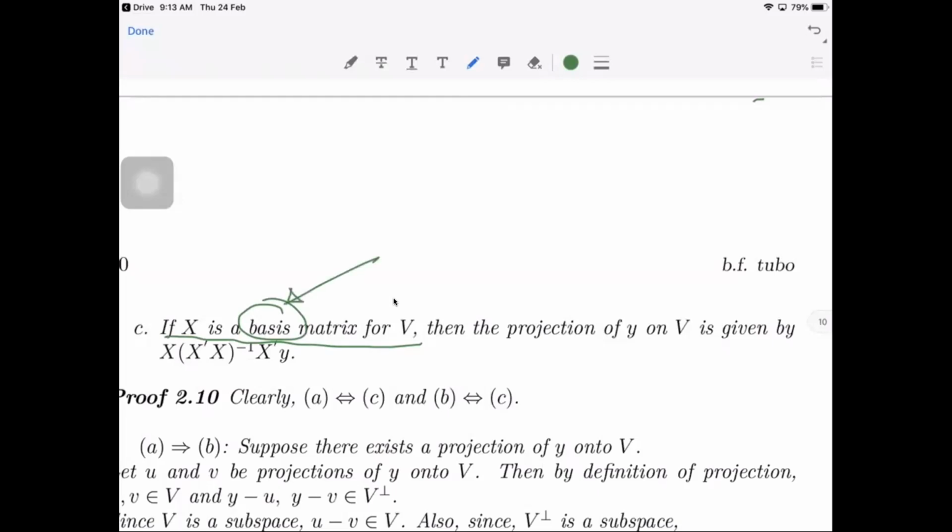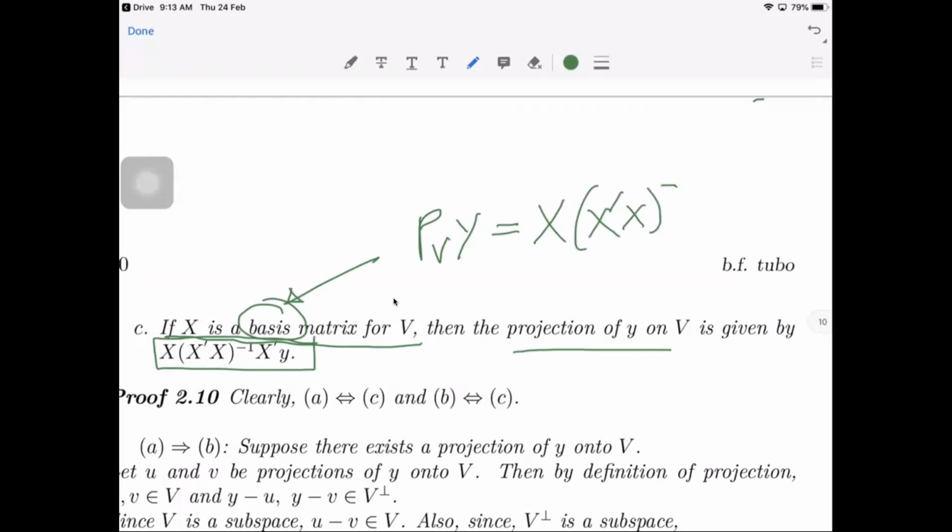The vectors that form the basis, the columns of the matrix X, are linearly independent and they span V. If X is a basis matrix for V, then the projection of Y onto V is given by this formula: X (X'X)^{-1} X'Y.